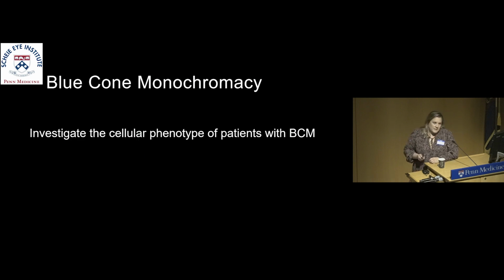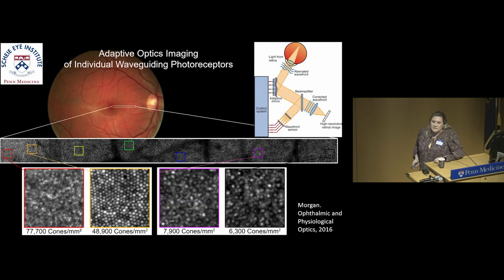So the goal of today's talk is to investigate the cellular phenotype in patients with blue cone monochromacy. To do this, we'll use a technique called adaptive optics imaging, where we first measure and then correct for the optical aberrations of the eye, and that allows us to take a high-resolution image of the fundus. Shown here is an adaptive optics montage comprising just the small region outlined by the rectangle on the conventional fundus photograph.